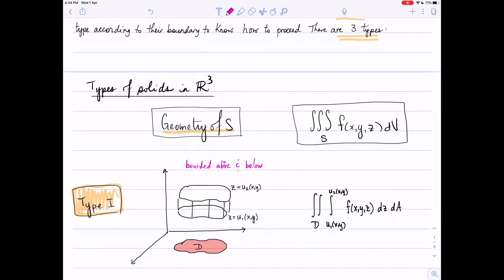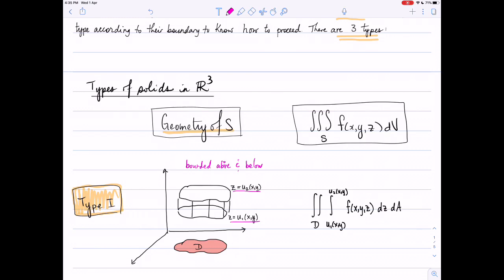Right? So it's bounded above by a function z, which is a function of x and y, u2 of x and y, and then it is bounded below by another function z in terms of x and y.